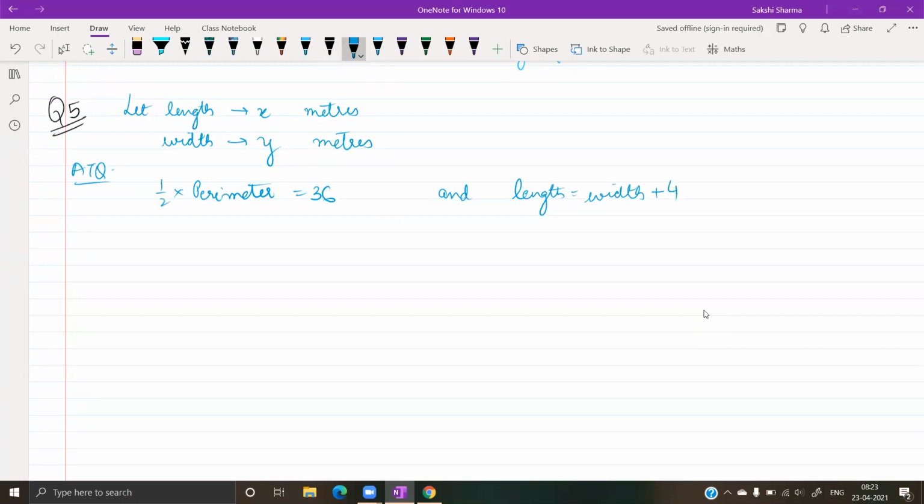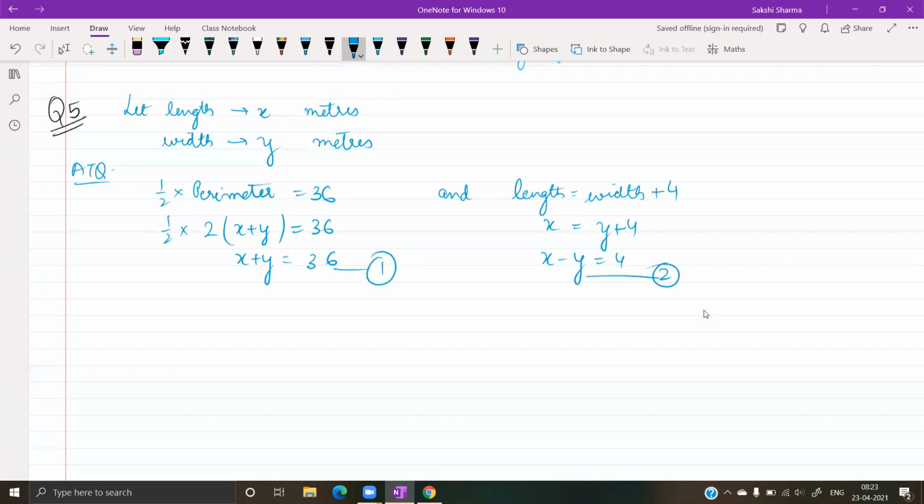So use these two to form your equations. Half the perimeter of a rectangle is given by length plus breadth. So from here, x plus y comes out to be 36. This is equation number 1. On the other hand, x is equal to y plus 4. So x minus y equals 4 is your second equation.